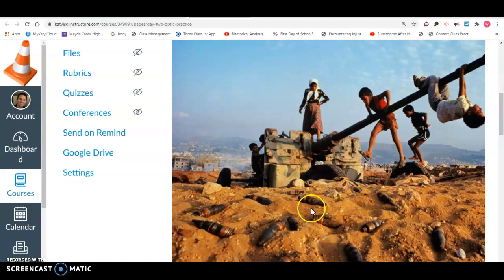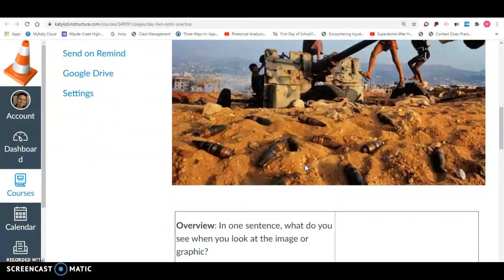What stands out here? What is this on the ground, including this? There's children playing on it. Normally you use this during conflict or military use.